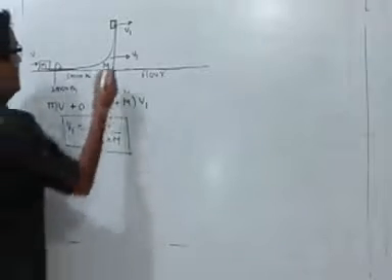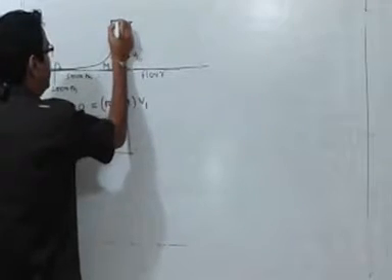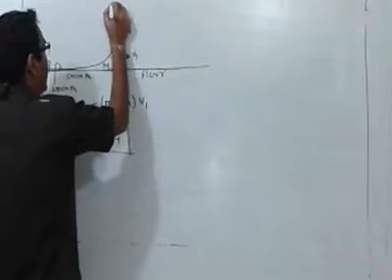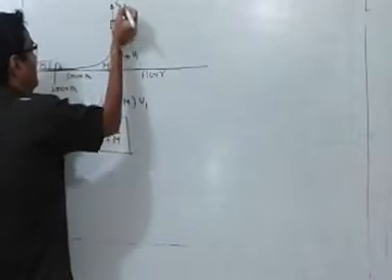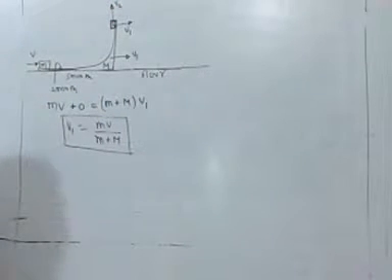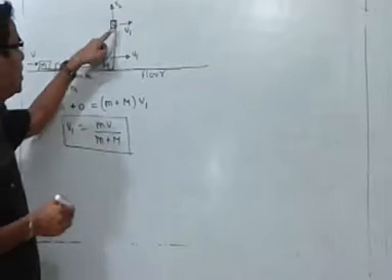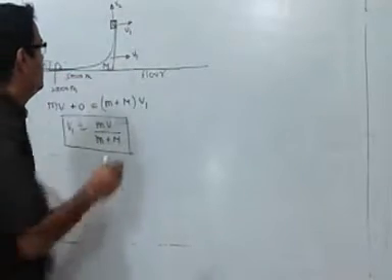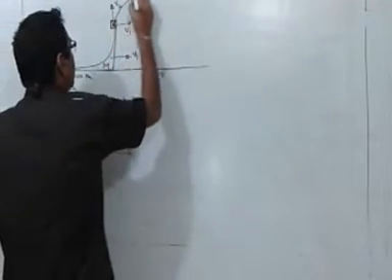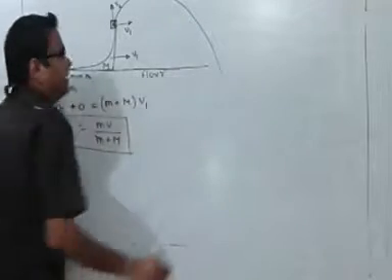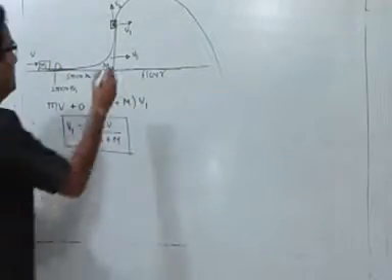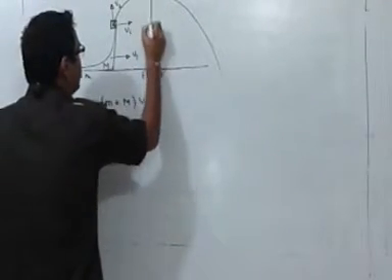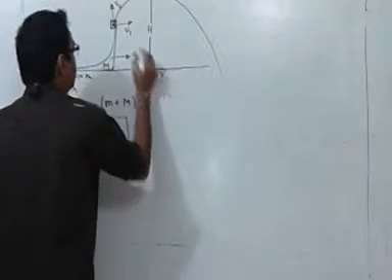But please note, as the block comes over here, it has got horizontal velocity as well as vertical velocity. Let the vertical velocity be v2. That is why, as the block loses contact, it will be a motion of a projectile. The block will move like this before falling down. We are supposed to find the maximum height attained, say h, by the block.